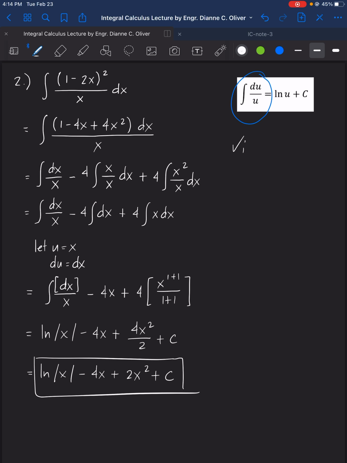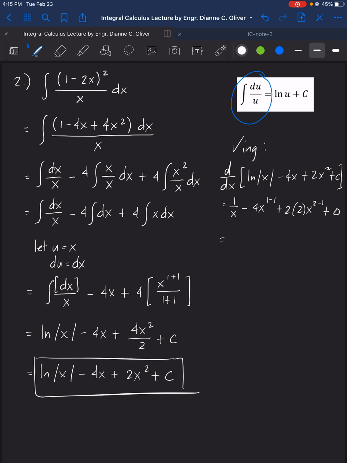Now for the checking by differentiation, so let's derive the answer, which is ln of x minus 4x plus 2x squared plus c. So this is, the derivative of ln x is 1 over x, minus 4 times x raised to 1 minus 1, plus 2 times 2 times x raised to 2 minus 1, plus derivative of constant 0.